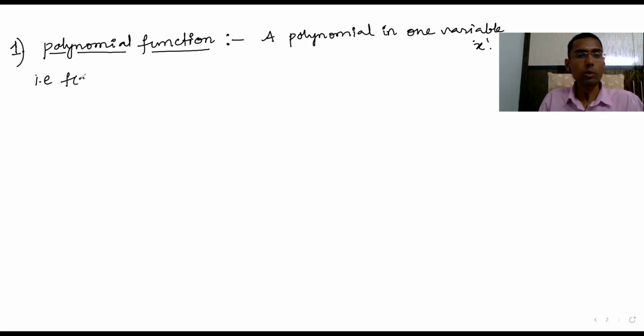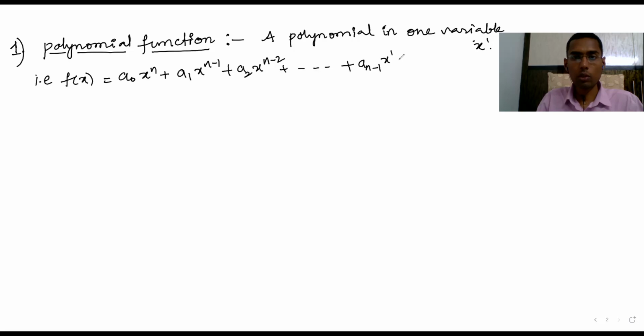F of x equal to, generally, a0 x to the power of n, plus a1 x to the power of n minus 1, plus a2 x to the power of n minus 2, plus so on up to a n minus 1 x to the power of 1 plus a n x to the power of 0. The general form is this, where n is a natural number.